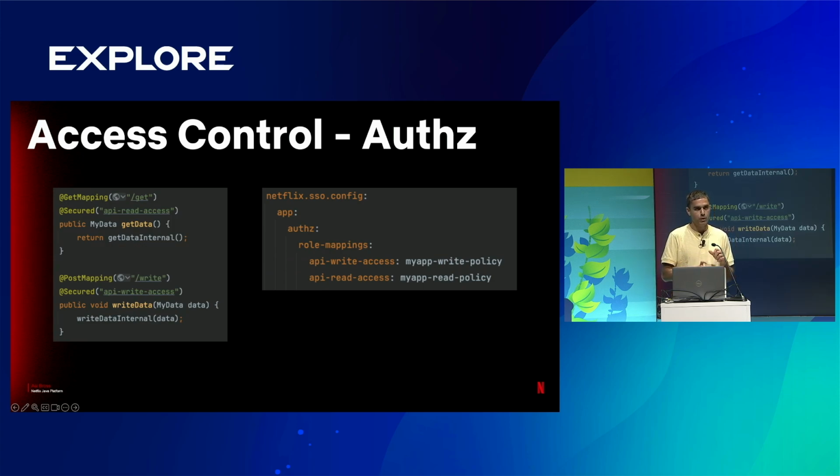It doesn't map to the backend service that does the actual authorization. It just maps to a role mapping that we have in our configuration file. So by having a logical role, we allow the user to change the value of the policies based on perhaps the environment they run in. If they run in production or on a test environment, they might define different policies. So this is the reason why we added the logical roles.